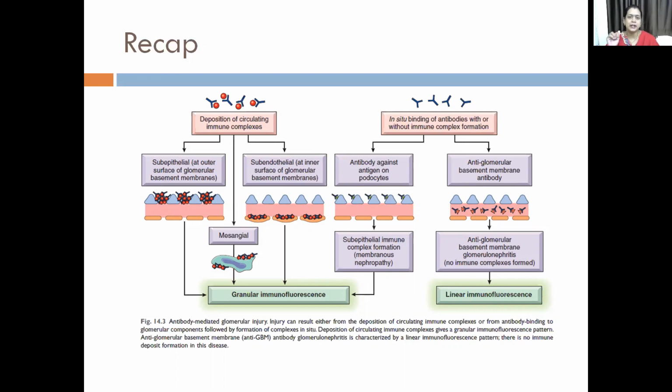The immune-mediated injury, I told you, will happen in three ways. One is antibody-mediated, the other one is alternate complement activity mediated, and the third one is cell-mediated, right? So first coming to the antibody-mediated, we have seen that it can be in situ with a fixed antigen or a planted antigen, or it can be a circulating immune complex, right?